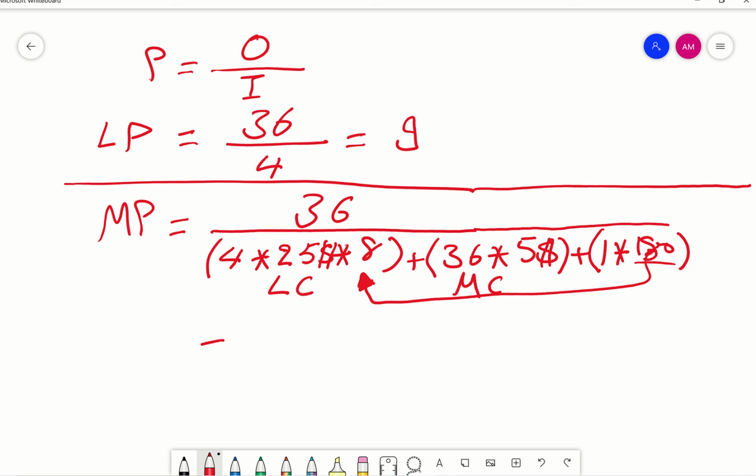So equals 36 divided by 800 plus 180 here, plus one times labor cost, which is this one.